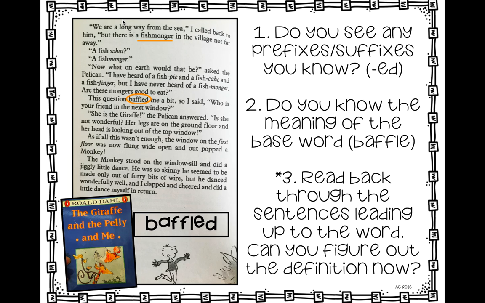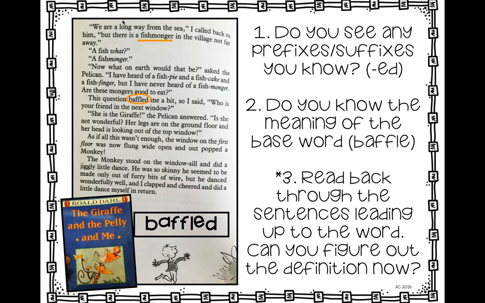Here's a closer look at a level P book by Roald Dahl, The Giraffe and the Pelly and Me. This is one I just wanted to show you. If you went through the same order that I had on that screen before, and you are getting a kid to figure out the meaning of the word baffled: okay, do you see any prefixes or suffixes you know?